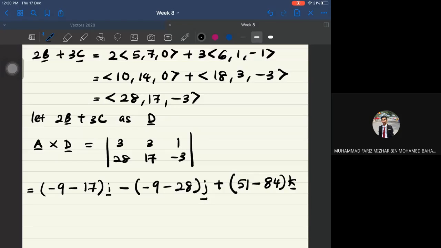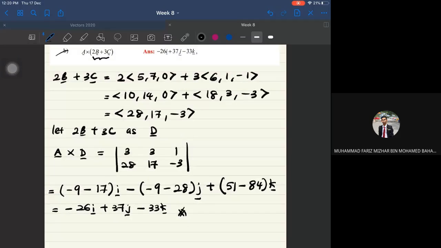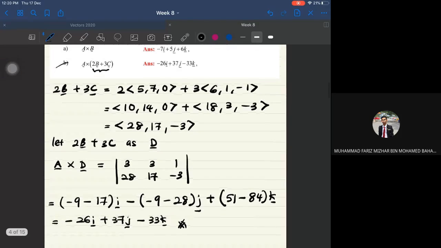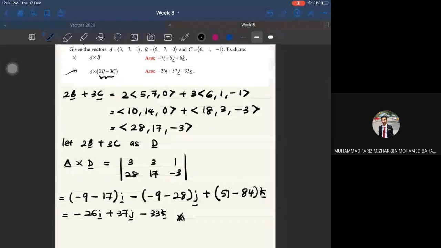Okay, so your answer is equals to negative 26i plus 37j minus 33k. Usually students often make mistakes with the signs in the middle because they use all plus. It should be plus minus plus.